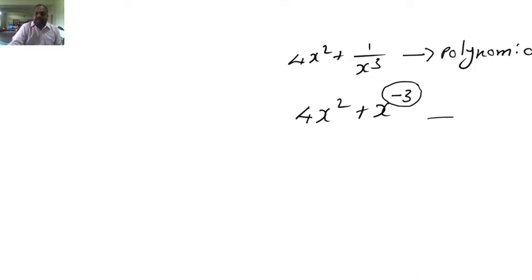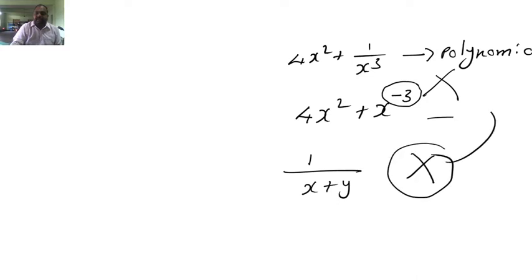So it is not a polynomial. 1 by x plus y is also not a polynomial. Okay. Next, 1 by root x plus root z. It is also not a polynomial. Okay.